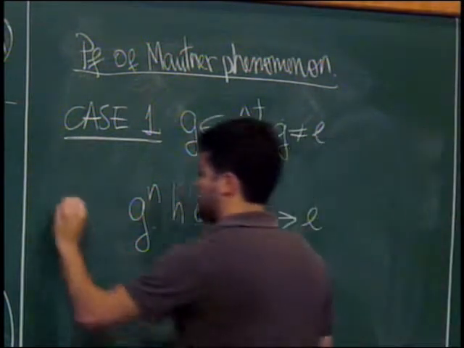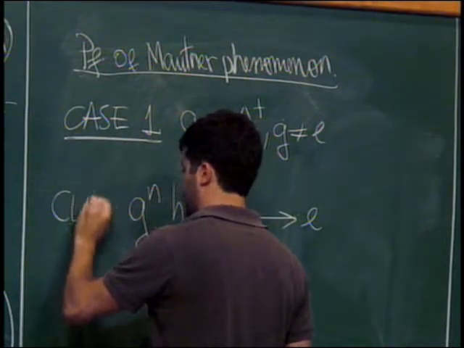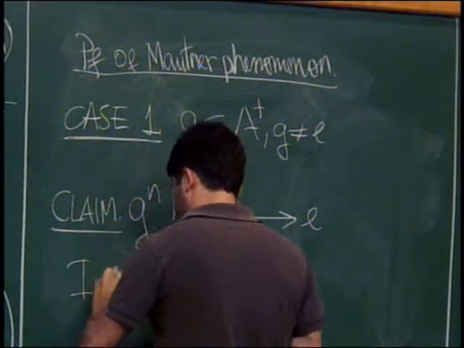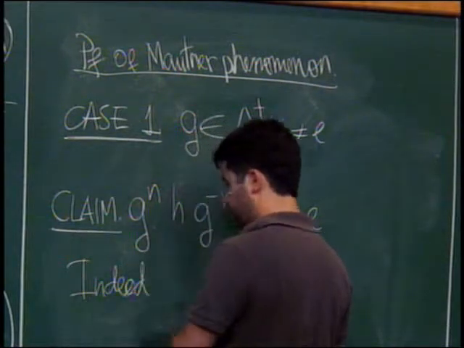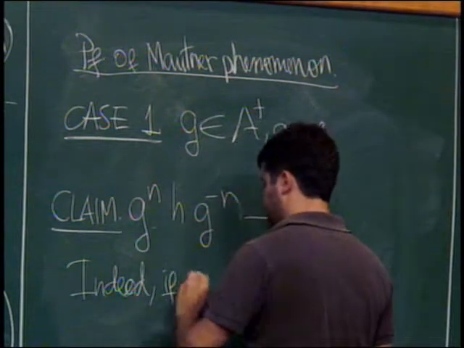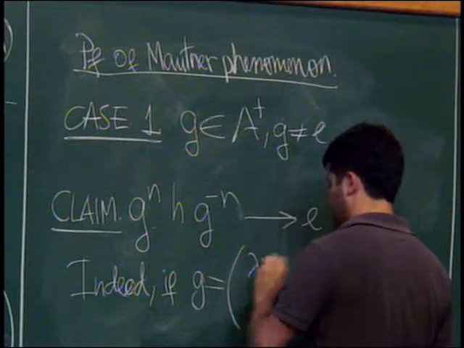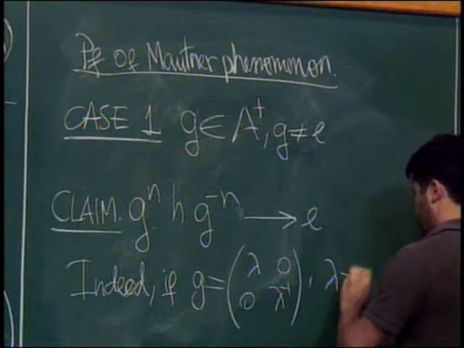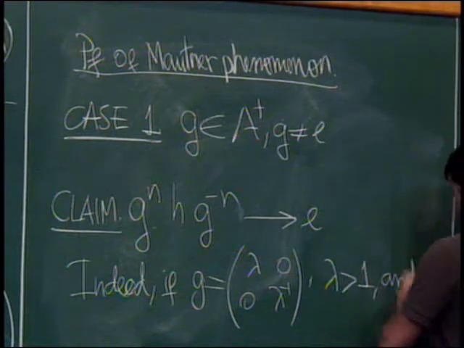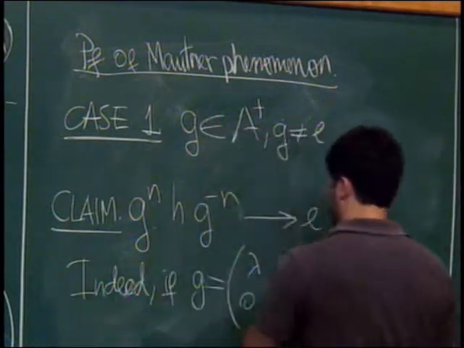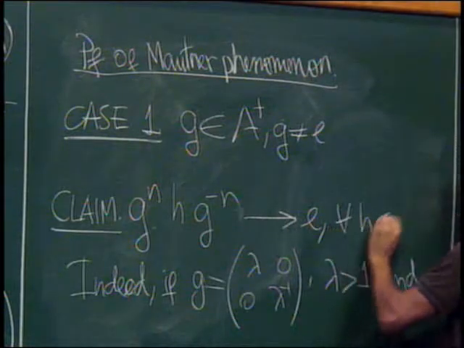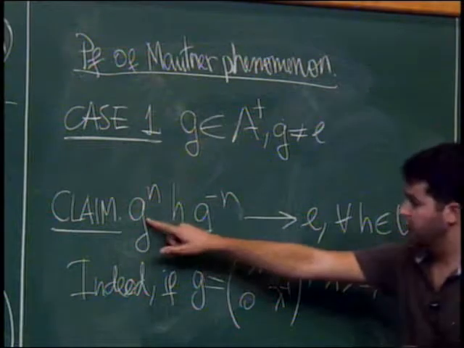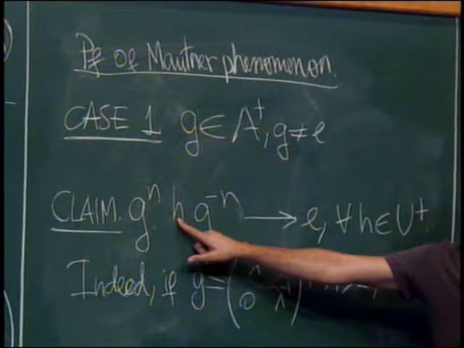So why is that so? This is a claim, and it is simple to check, because if g is equal to lambda, 0, 0, lambda minus 1, where lambda is bigger than 1, I'm sorry, this happens for every element of U plus. The geodesic flow renormalizes the horocycle flow.